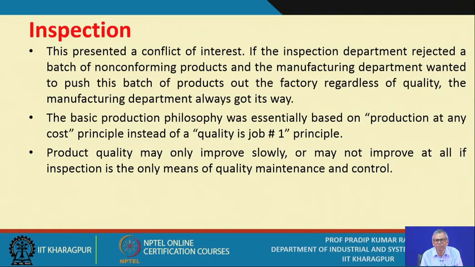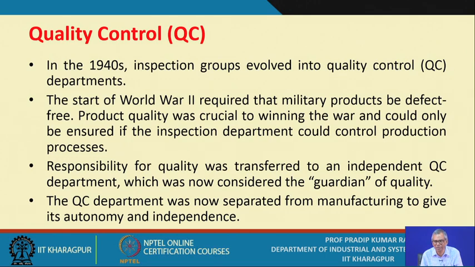Many a time you should know what are the specific reasons. So can you highlight some specific reasons that whenever you find that there is an inspection department, immediately you may conclude that less importance is given to quality improvement. Is it okay? So there are some inherent limitations in this approach, inspection-based quality control, as far as quality improvement is concerned.